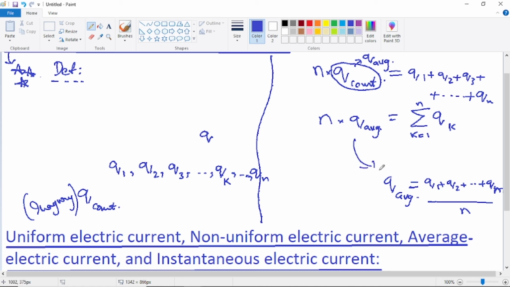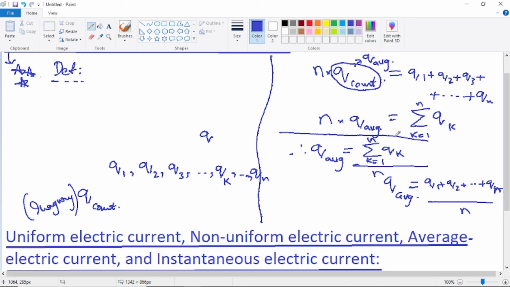So whatever things we are saying here are simple, nowhere is any complication there. Therefore the average value of all the n values, or the average value of the quantity q when it's measured n number of times, take n to the other side, can be written as sigma qk, as k ranges from 1 to n, divided by n.